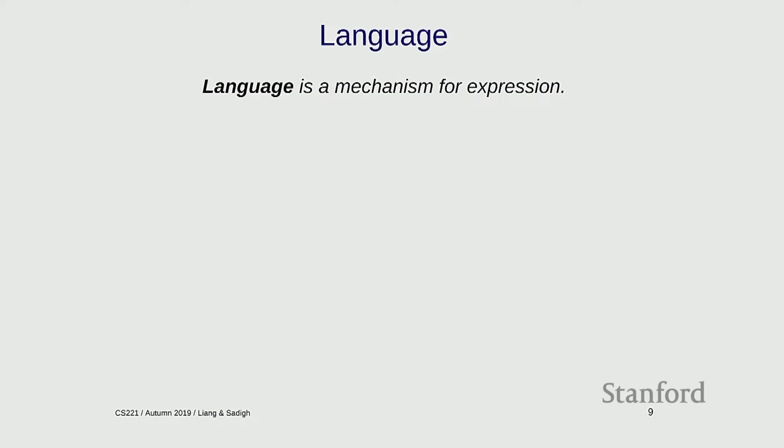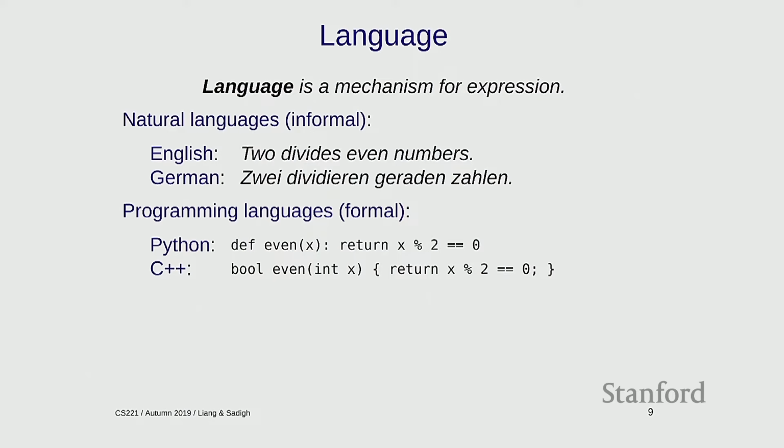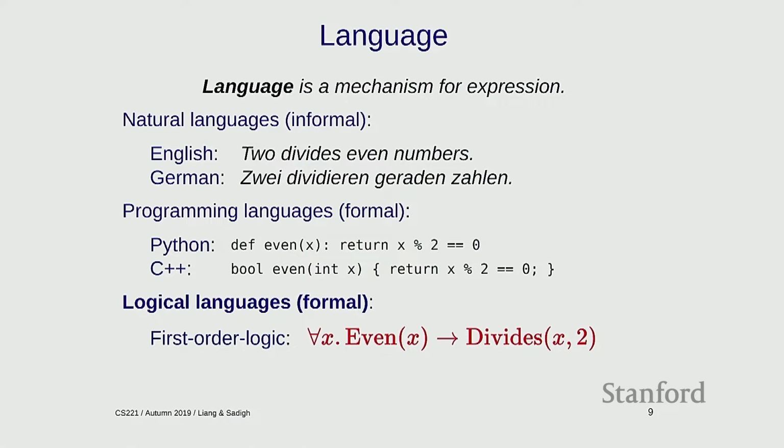But if we step back and think about the role of natural language, language itself is a mechanism for expression. There are many types of languages. There are natural languages, there are programming languages, which all of you are familiar with. But we're going to talk about a different type of language called logical languages.